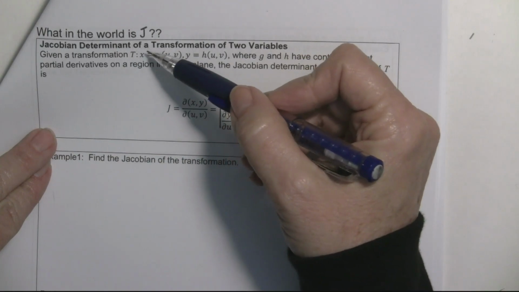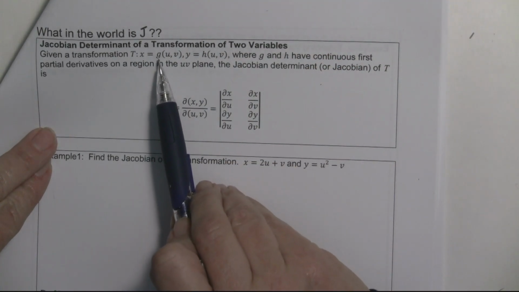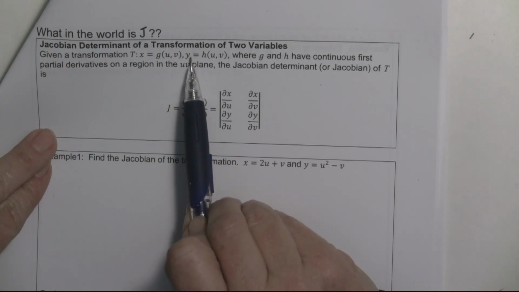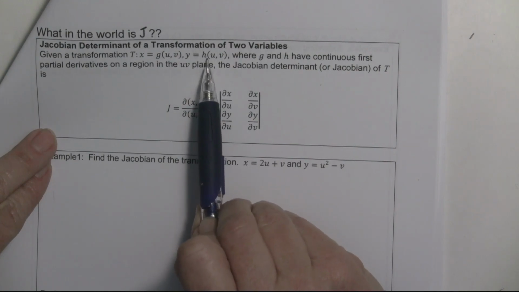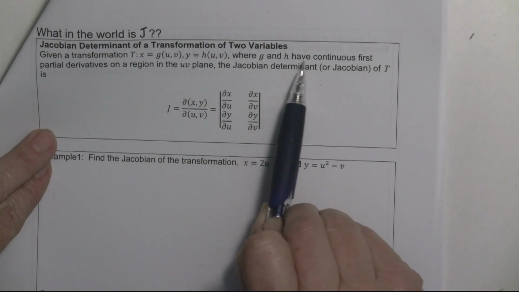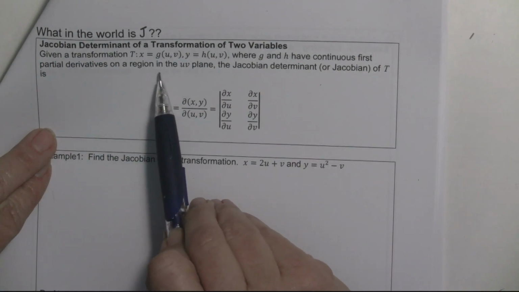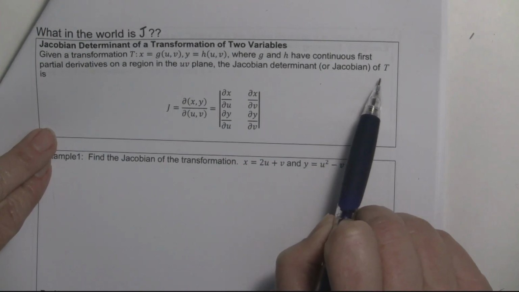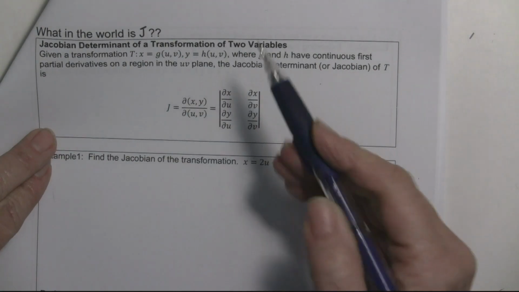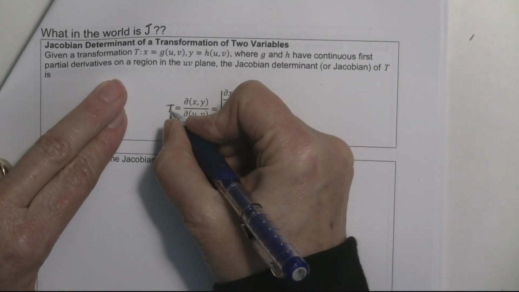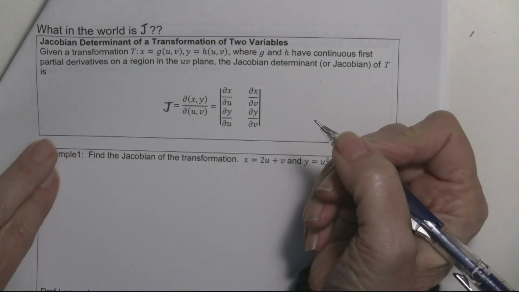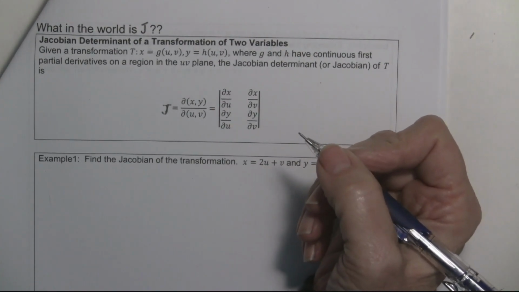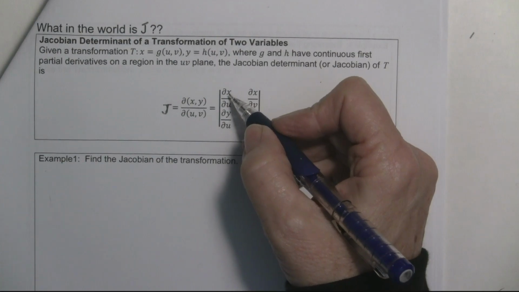Given a transformation T that takes us from x equals g(u, v) and y equals h(u, v), where g and h have continuous first partial derivatives on the region in the uv-plane, the Jacobian determinant, or the Jacobian of T, is a 2-by-2 determinant where you have the partial derivatives.